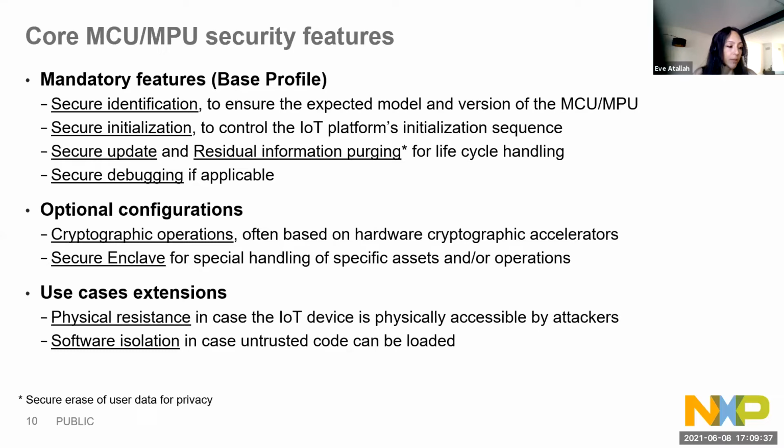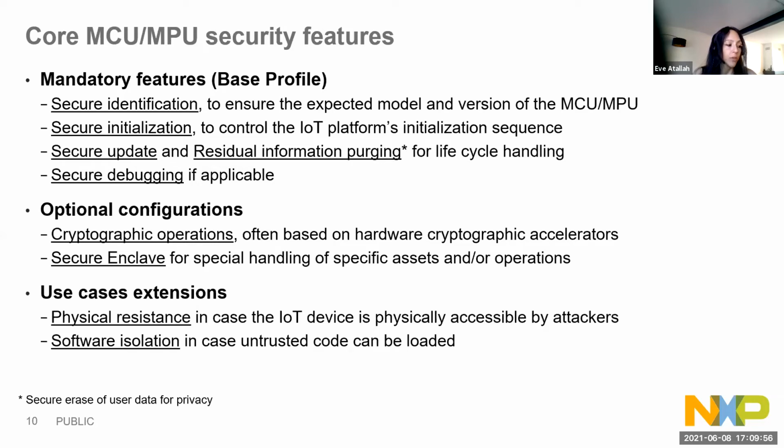The secure update, which can also be part of the secure initialization process, is again an essential mechanism to allow update of the firmware. This is in particular important when used to fix bugs or even security issues.